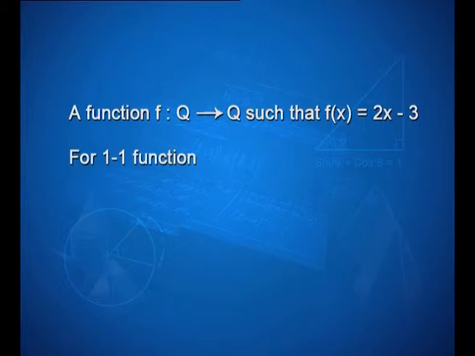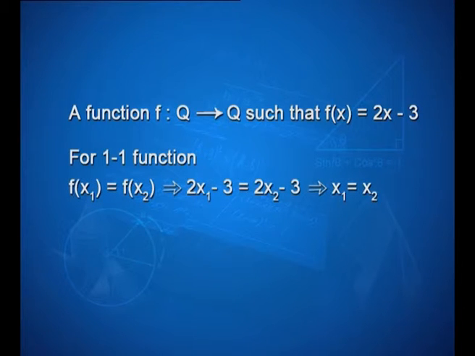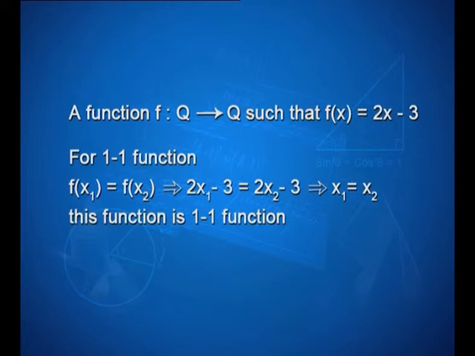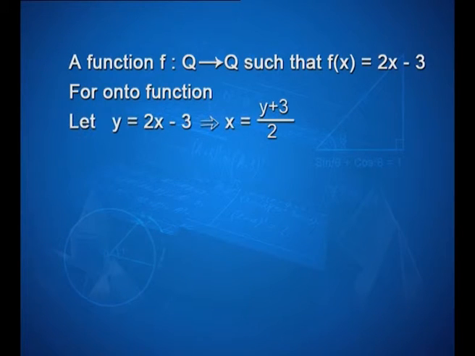So, for 1 function, let us take f of x1 equal to f of x2. This implies 2x1 minus 3 equal to 2x2 minus 3. This implies on simplification x1 is equal to x2. So, this function is called 1 function. For onto function, let y equal to 2x minus 3.